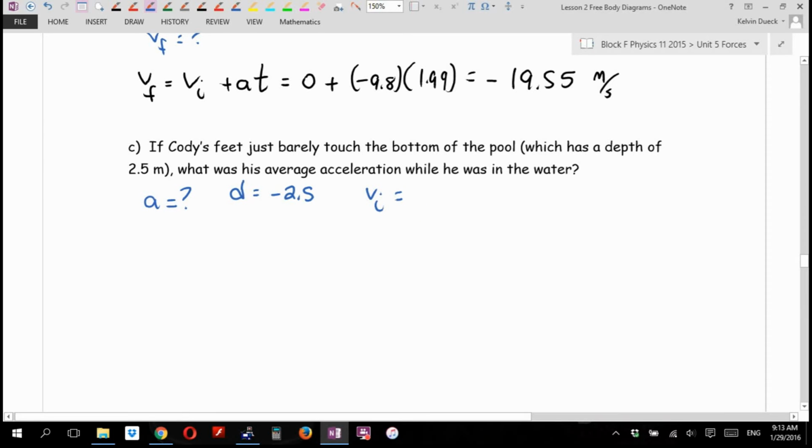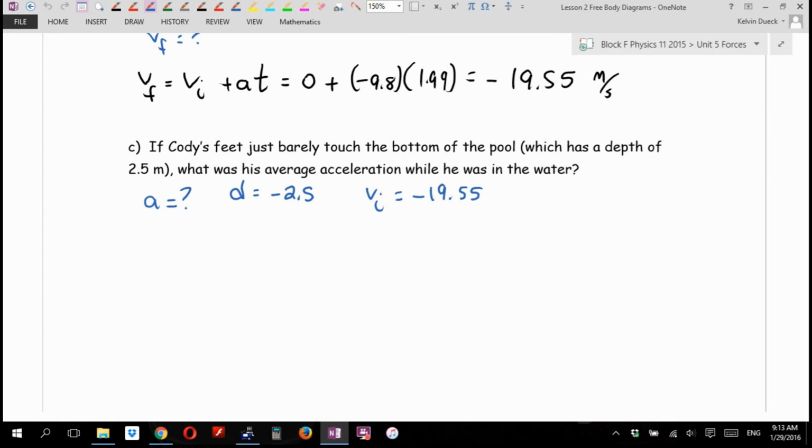What's VI right when he hits the water? Alicia, that's why I had to walk through all this. Negative 19.55. The final velocity as he hits the water is the initial velocity when he starts to get slowed down by the water.